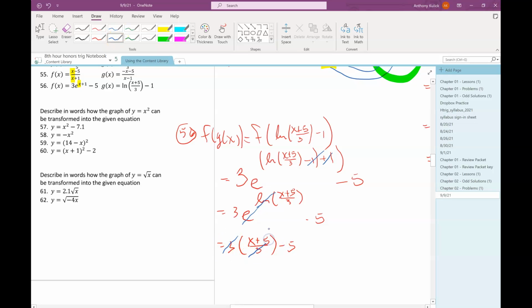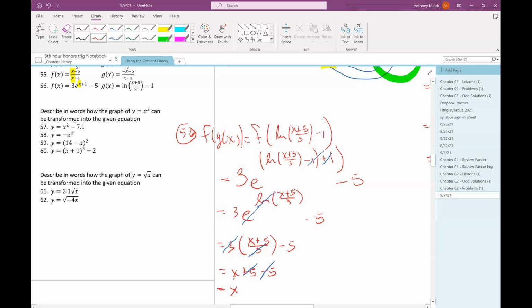And then the times 3 and divides by 3 can cancel. And the plus 5 and minus 5 can cancel. And there's that. Going the reverse direction is pretty similar.